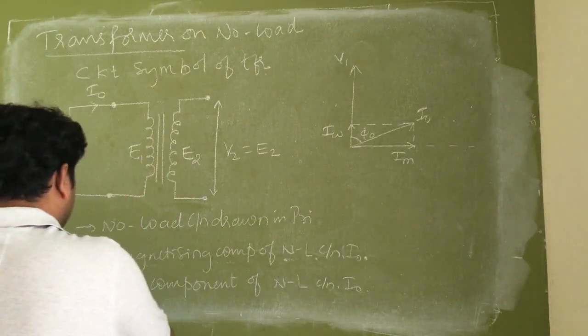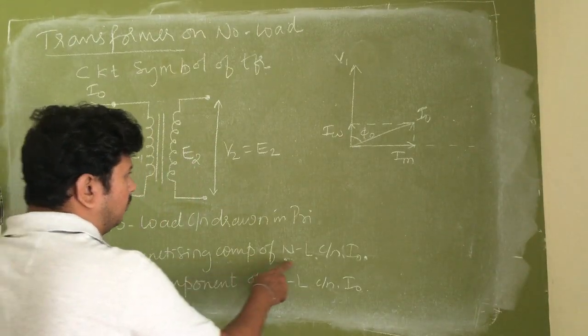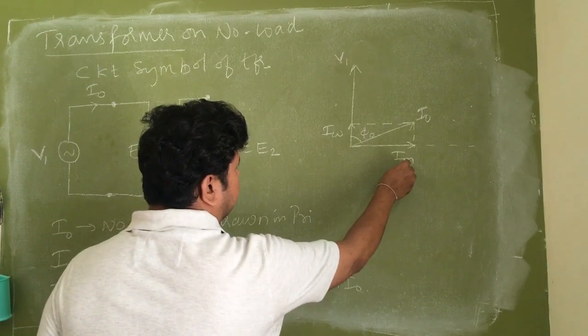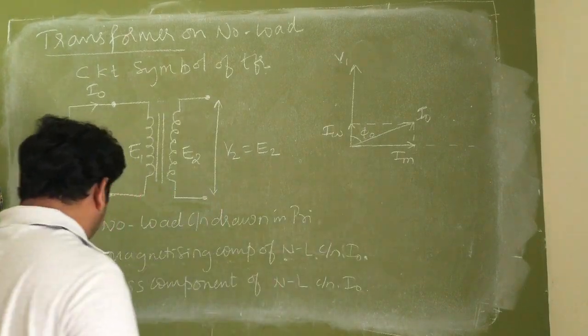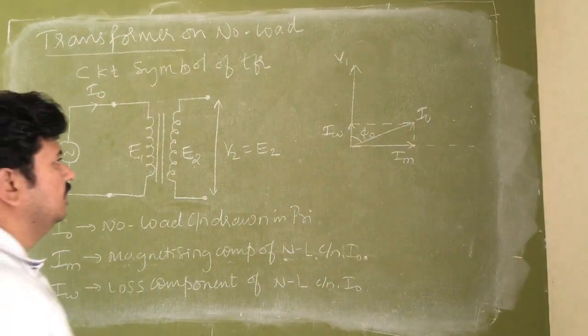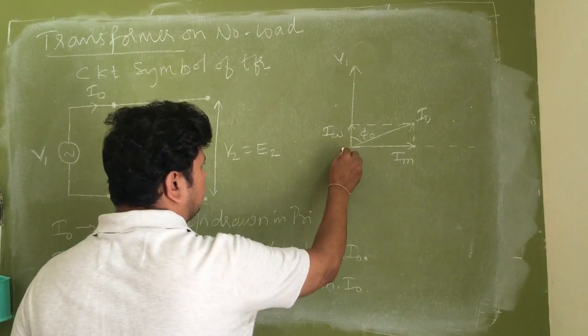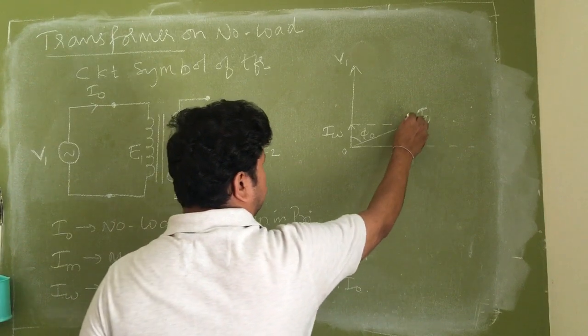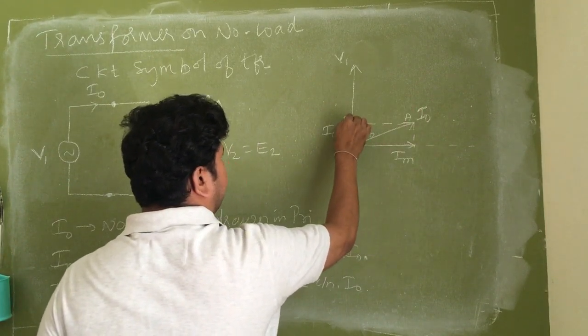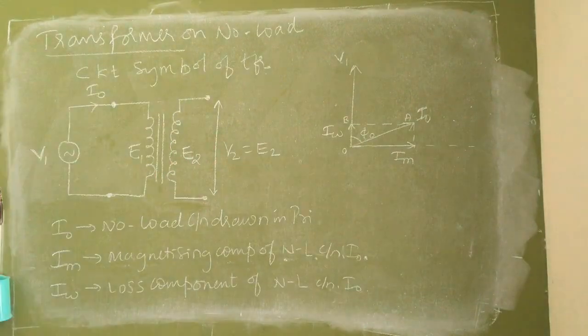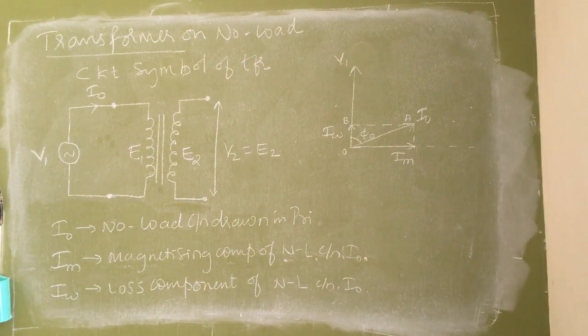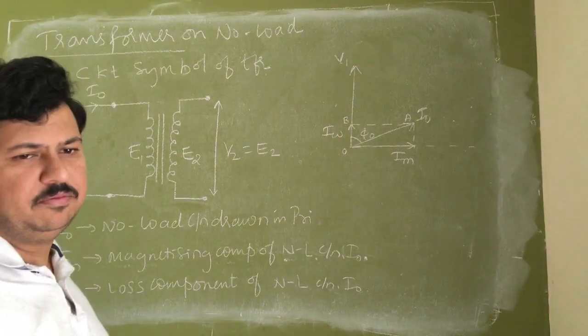Now Im is the magnetizing component of the no load current, and the loss component is given by Iw. Iw is forming the base of the triangle, let this be O, A and B, and BA is forming the opposite side, which is nothing but Im of the triangle OAB.